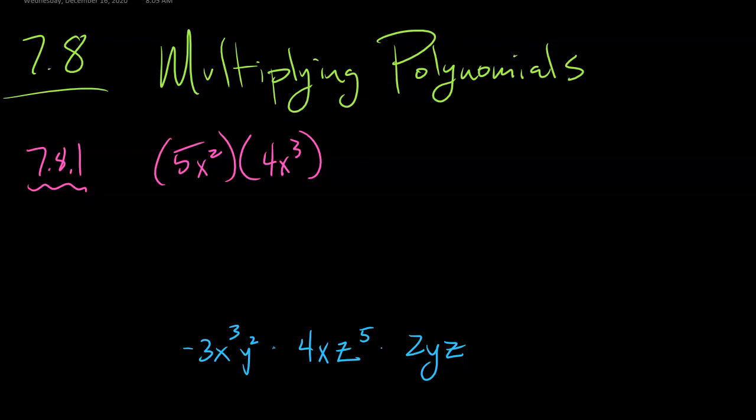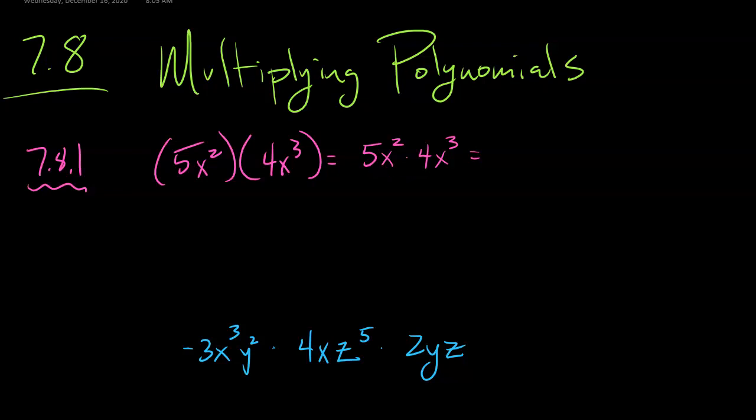Since everything is being multiplied, those parentheses don't really do anything, right? If it makes it feel easier for you, you don't need to write them. If those parentheses don't bother you, you don't need to rewrite this. It's just personal preference. But as I'm viewing it, 5 of the x squareds times 4 of the x cubes, I'm going to do the two numbers together.